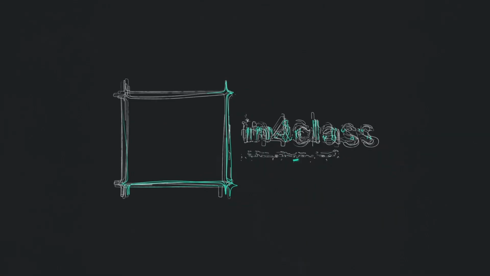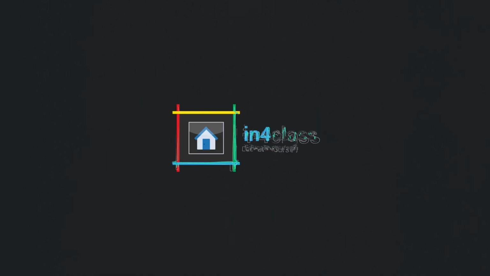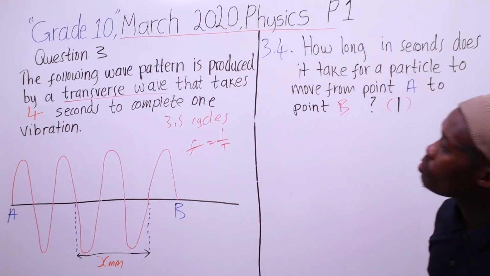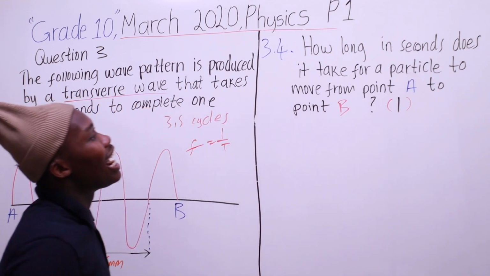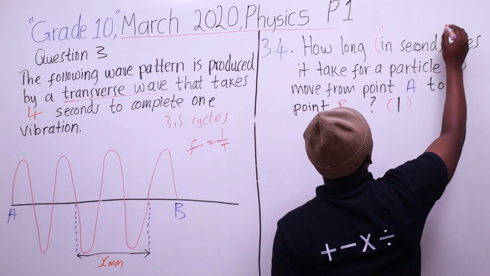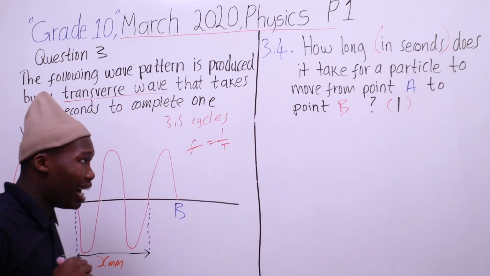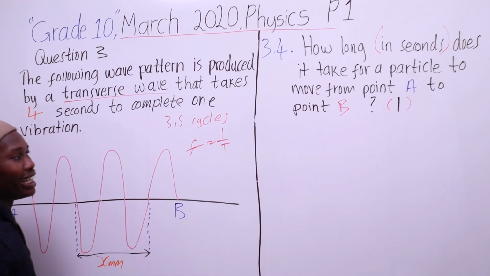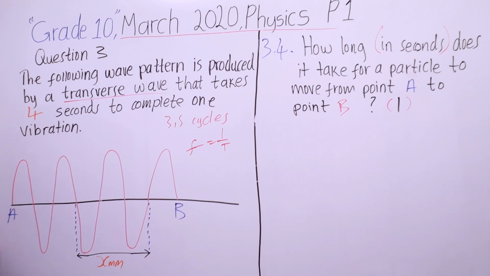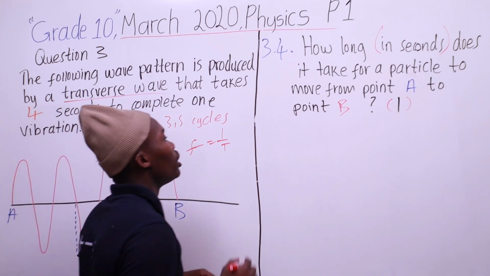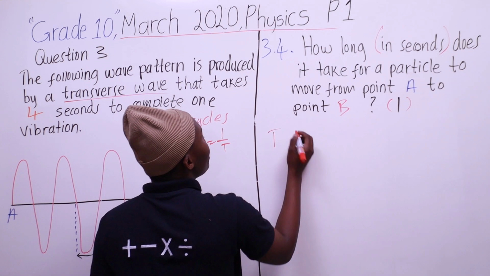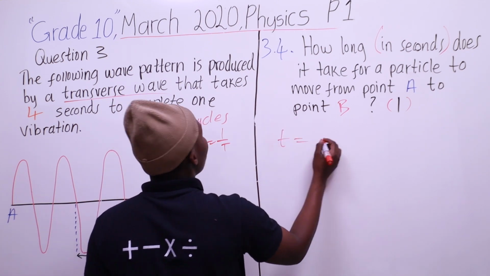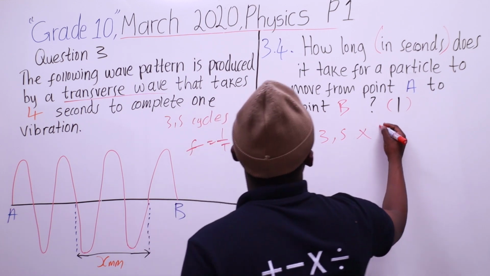Let's do question 3.4. How long in seconds does it take for a particle to move from point A to point B? This is an easy one mark, you just read the answer from the diagram. Remember, one wave is 4 seconds, and remember how many waves there are: 3,5. So someone can say that the time they want is 3,5 multiplied by 4.